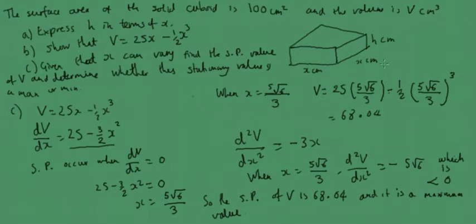That's the maximum value of this volume, and we have that volume when this value for x is 5√6/3 centimeters. So when x is this, we get a volume of 68.04 centimeters cubed.